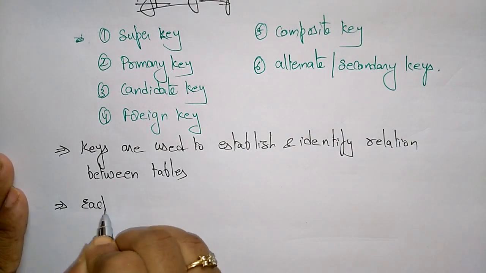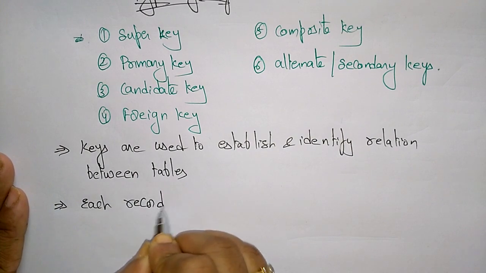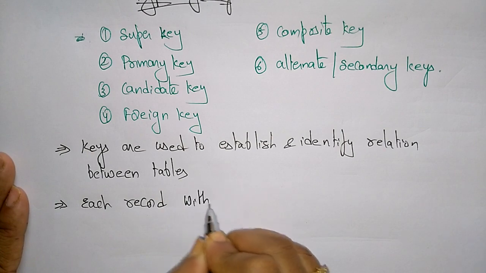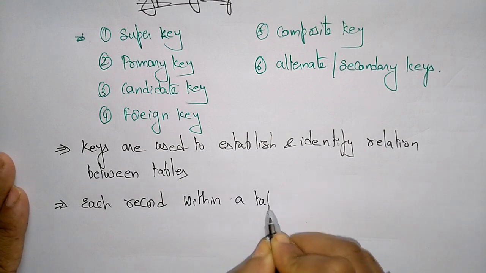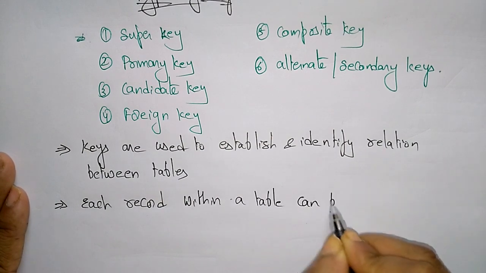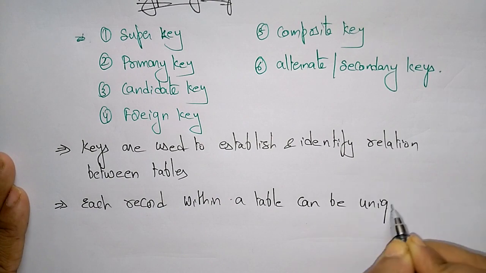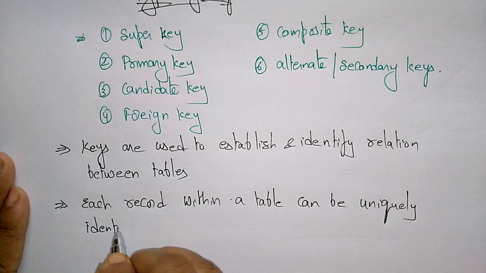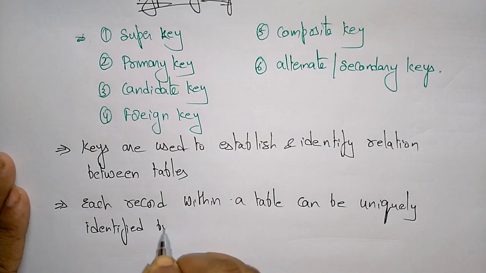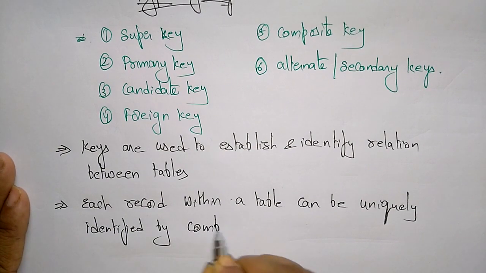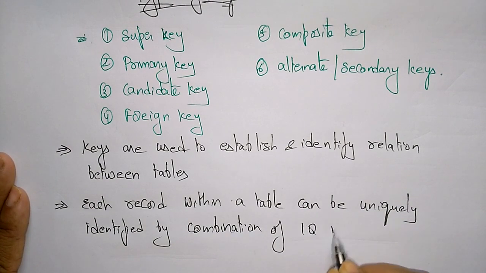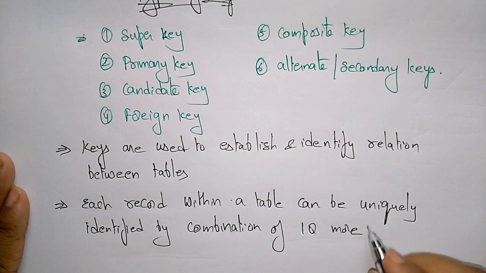Next, each record that is present in the table, that means the relation, each record within a table can be uniquely identified by a combination of one or more fields in a table.